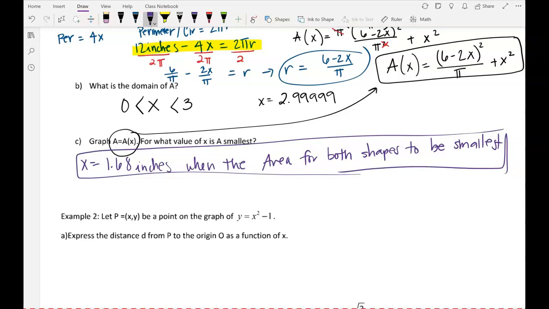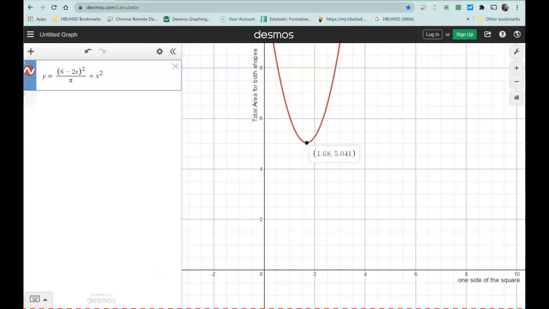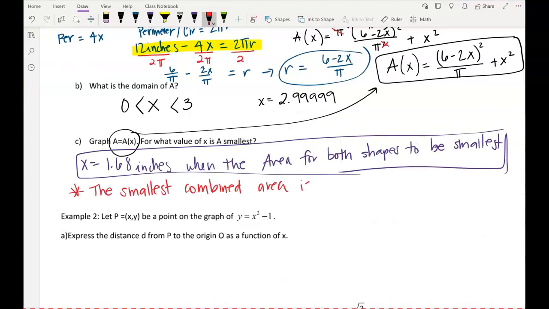Then you could also add that on. So this is an addition here. The smallest combined area is, let's go back to Desmos and look for the y. 5.041 inches squared, since it's an area.